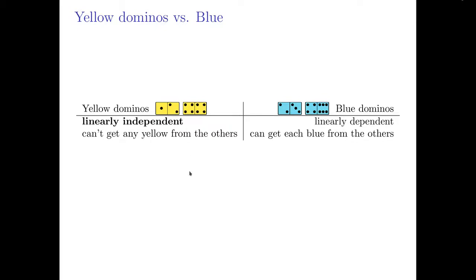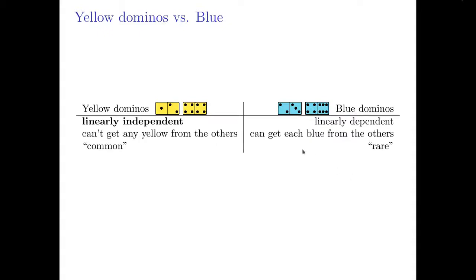Neither one can be manufactured from the other. That's exactly not the case with these blues. Once I give you 2, 3, heck, you could get your own 4, 6 just by doubling it. If I give you 4, 6, you could get your own 2, 3 just by halving it, right? So that's the key insight here, is that linearly independent basically means none of them can be manufactured from the others. With blue, in fact, they can be.